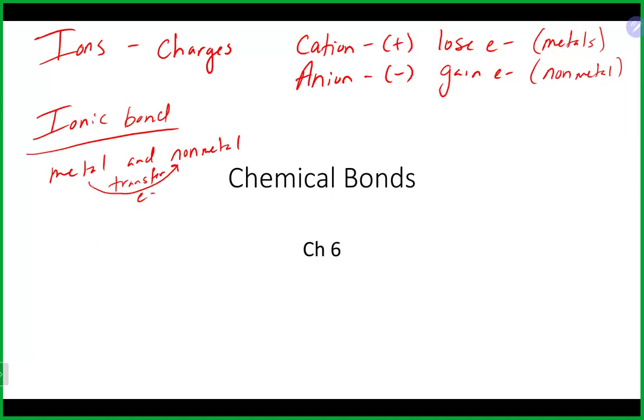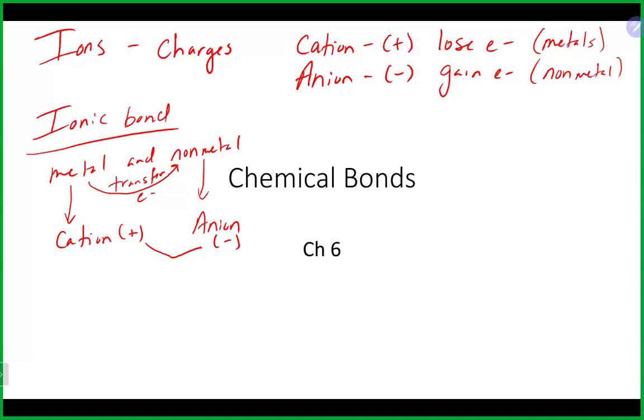That's what creates a cation that's positively charged for our metal, and an anion that is negatively charged for our nonmetal. That is the attraction that holds the bond together.